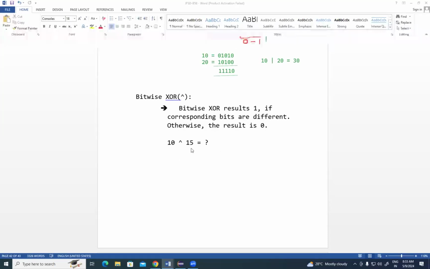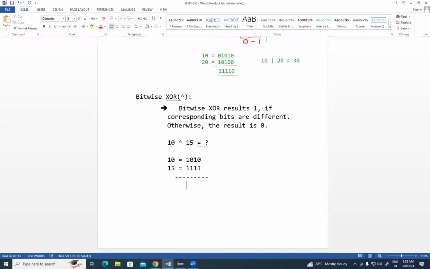Okay, let's see. First of all, we know 10 is represented as 1010. 15 is represented in the binary system as 1111. Folks, am I clear? Now, XOR: if the corresponding bits are the same, the result will be 0.